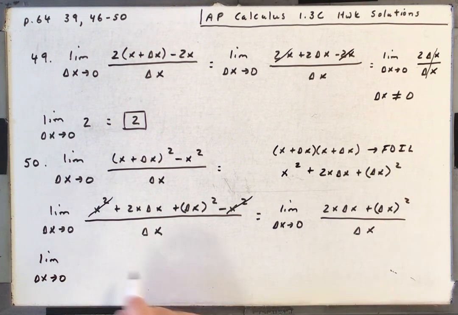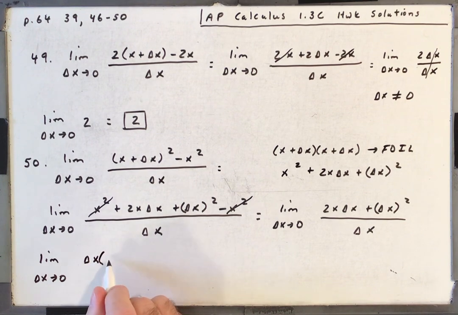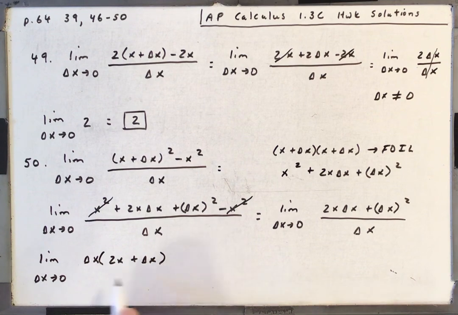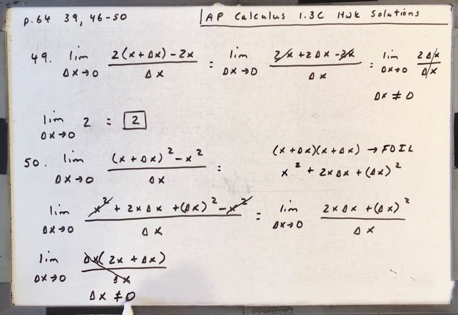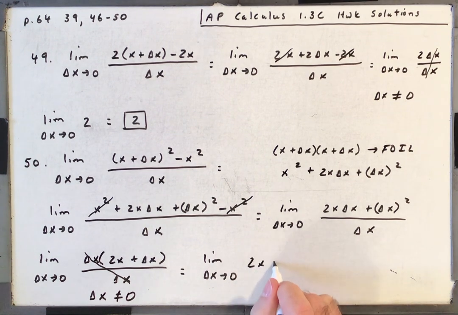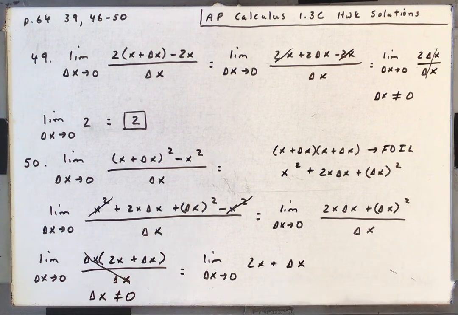How about a delta x? So if we factor out a delta x, what's left is 2x plus delta x over delta x. Now I can cancel the delta x's as long as delta x does not equal what? 0. So I've got the limit as delta x approaches 0 of 2x plus delta x.